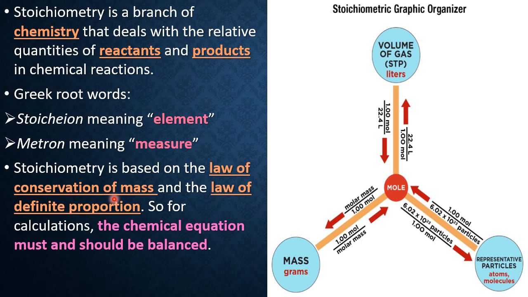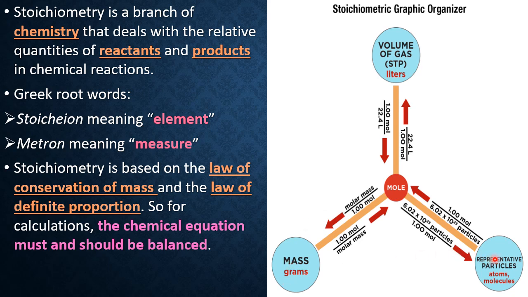A small chart will tell us what stoichiometry is and in what way we calculate. Sometimes we calculate mole to volume or volume to mole, mole to mass, mass to mole, mole to number, number to mole, or sometimes volume to volume, mass to mass, or number to number.